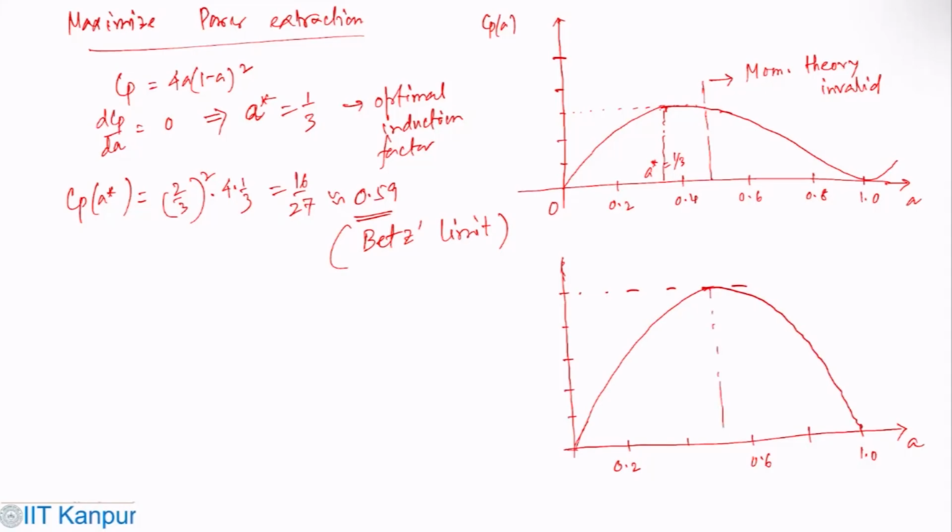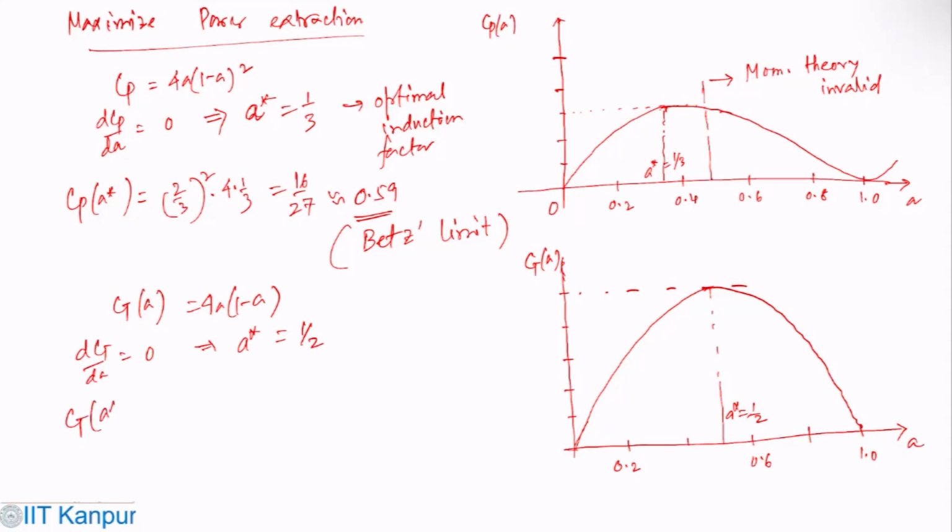So you will have it like this, that is Ct of A. Now Ct of A is 4A into (1 minus A). dCt by dA equals 0 gives us A star equals half. So this is at half.